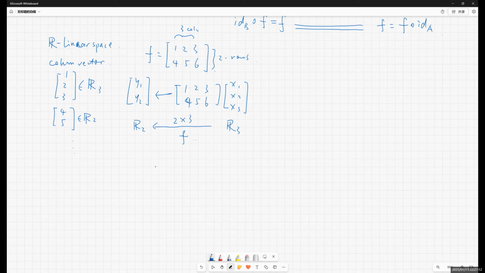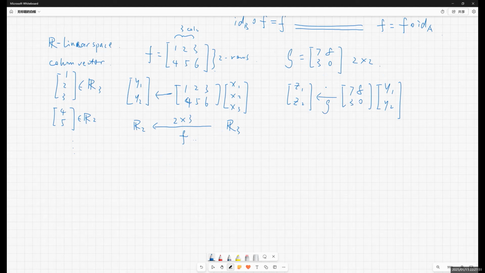And if we make a composition, G, let's talk about G. G is a 2 times 2-dimensional matrix. So the effect of G is to output z1, z2, 2-dimensional from G with an input y1, y2.